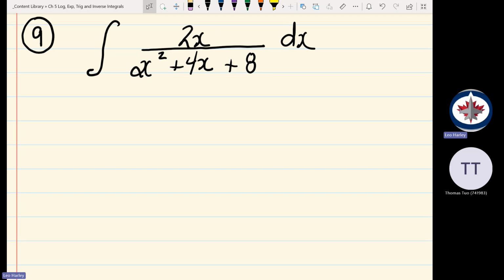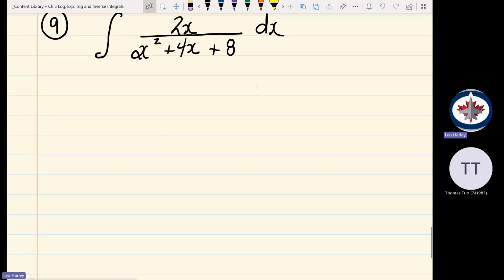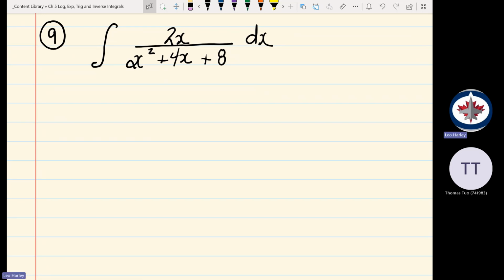So you can see that the top already has a 2x. If only the top was 2x plus 4, we would be gold, wouldn't we? Because you'd let u equal the bottom, take the derivative, perfect replacement. So why don't we just do that? You ready? So we acknowledge that this derivative is 2x plus 4.